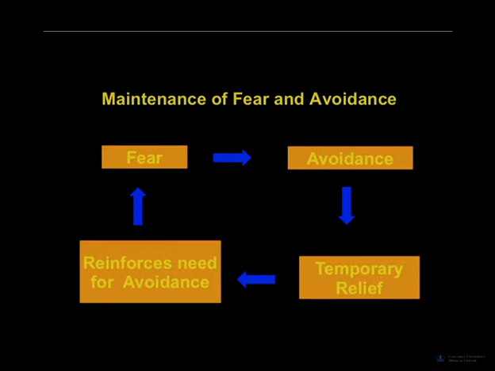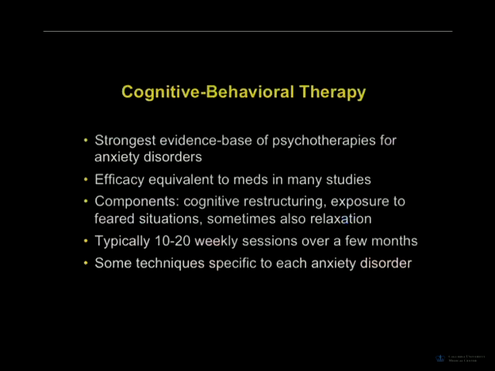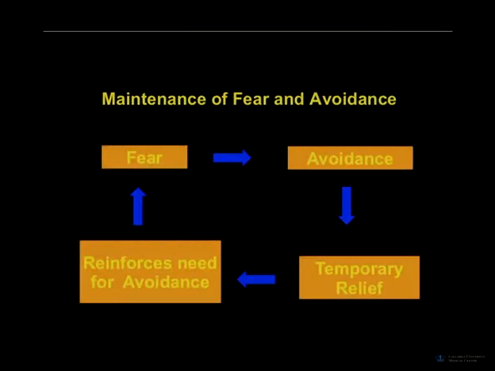And this kind of conceptualization also provides the basis for the best established psychotherapy approach to these disorders, which is cognitive behavioral therapy. Cognitive behavioral therapy tries to interfere with this process in a couple of places, mainly interfering here, saying, even if you have the fear, we need to figure out some ways for you to stop avoiding the situation.